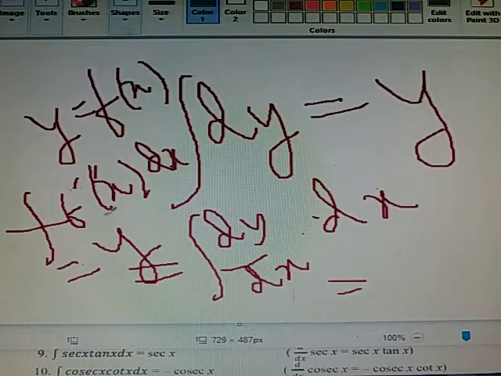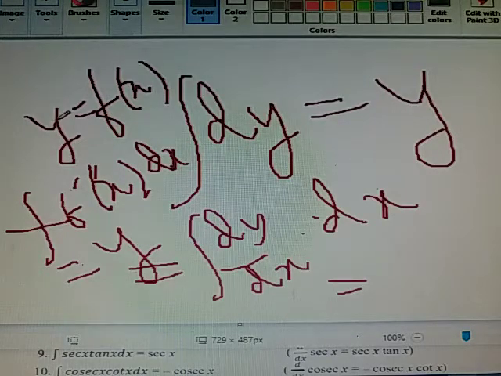When we differentiate, we get f dash x, and after integration of f dash x we have the function from which it originated, and this function is the answer.